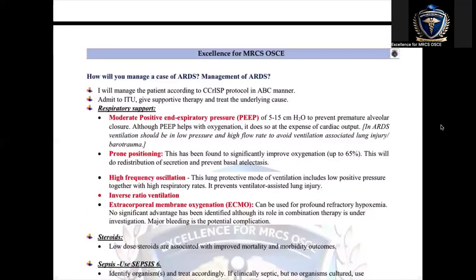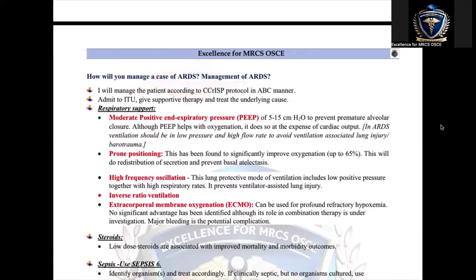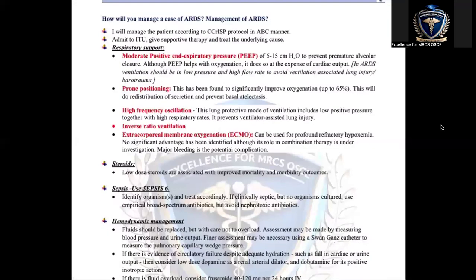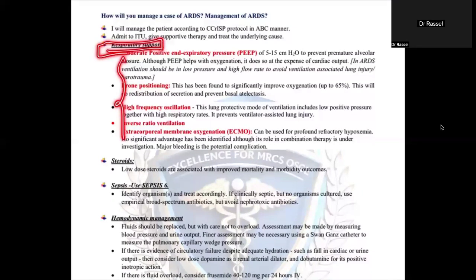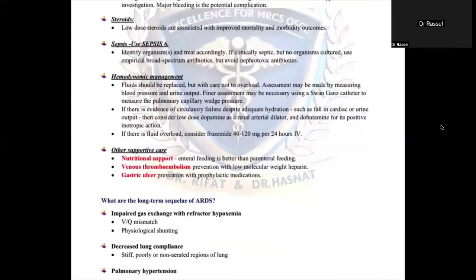So what is the ARDS management? The CRISP protocol: the critically ill surgical patient will be treated in the ICU. We manage the patient on several aspects: respiratory support, pharmacological support, hemodynamic support, and nutrition support.